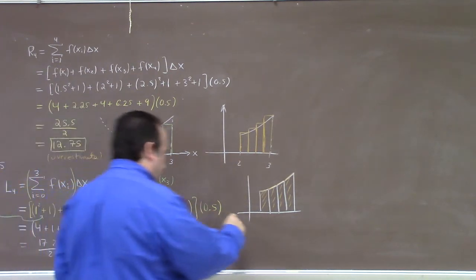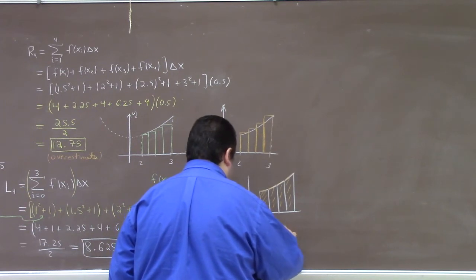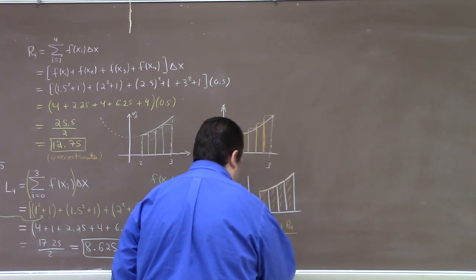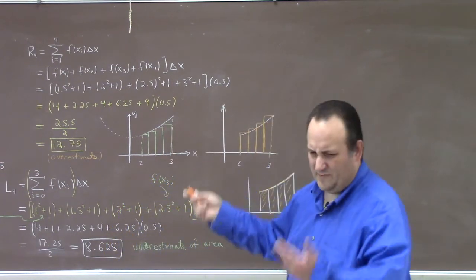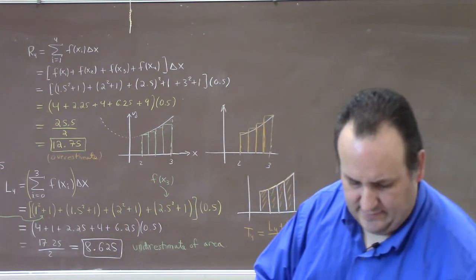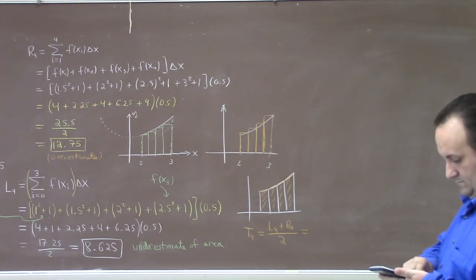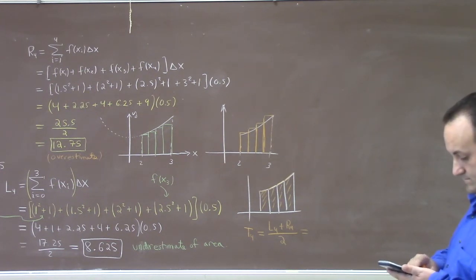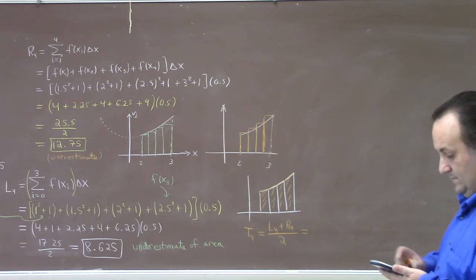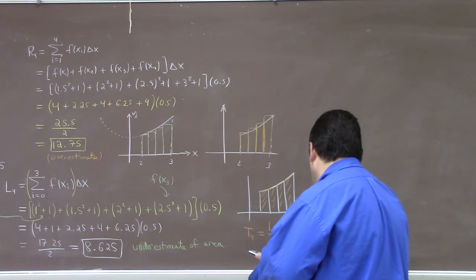So in short, T4, the trapezoid rule with 4 subintervals, would be L4 plus R4 divided by 2, which is what? Let me use my calculator. I'll just say approximately 10.69.